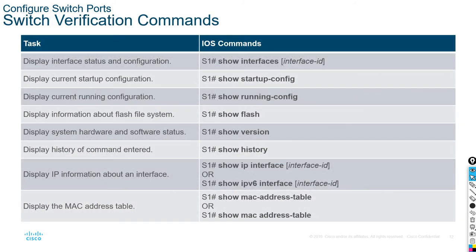Now, switch verification commands. Again, we are using the show command. This displays the interface status and configuration. We are using the command show interface ID here, and this one displays the current configuration. We are using the startup-config here.